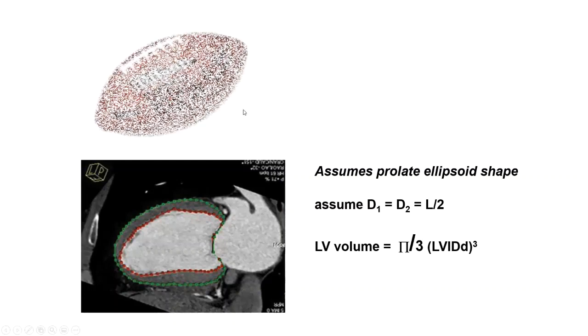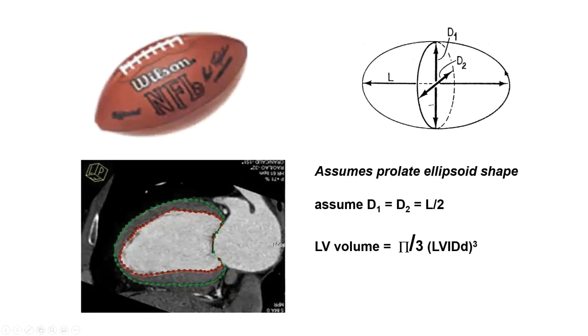So if we assume that the left ventricle is shaped like a football, and this is known as a prolate ellipsoid of revolution, and we make some other assumptions, namely that this minor axis of the football or this shape is equal to that axis.